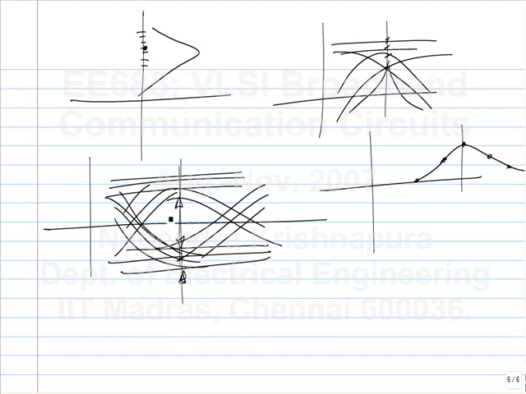Once we do this, we don't really care if a particular sampling instant is for the nth bit or the n plus 1th bit, isn't it? That only increases the delay of the whole thing by 1 bit. If the response was like this, then the delay of the entire chain would be this much. Now if it is this way, it is 2 bits more.